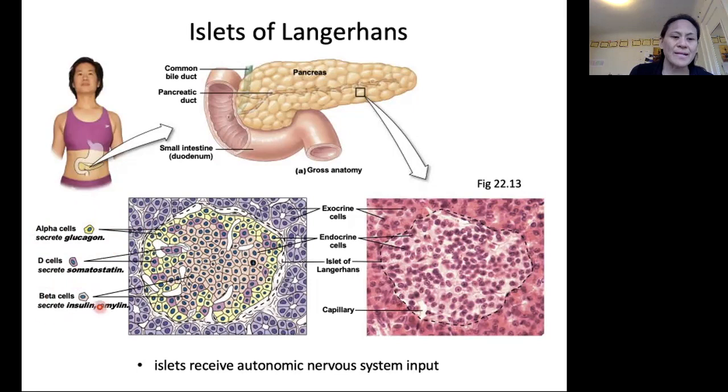And then we have the beta cells here that secrete insulin, and they also secrete amylin, but we're going to be focusing on insulin today. I also want to mention that the islets do receive input from the autonomic nervous system. Okay, so remember that we have the parasympathetic nervous system stimulating digestion. This is part of that response.